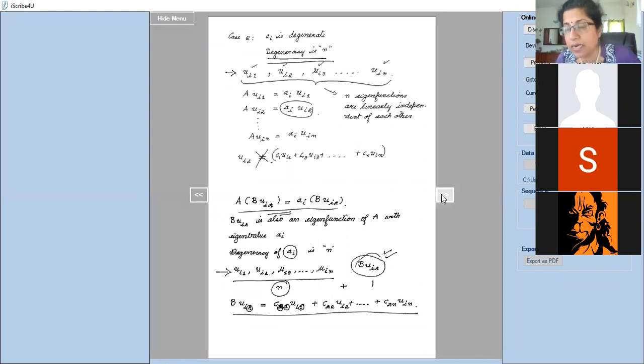We are going to write down the situation for each of these ui. These are all eigenfunctions of A, right? So we can write this equation for each of these ui. So we will do that now, and we will write down the linear equation. So let me just go to the next page.